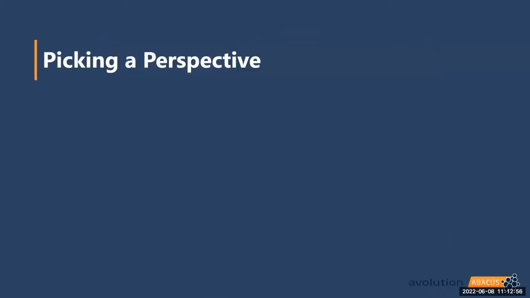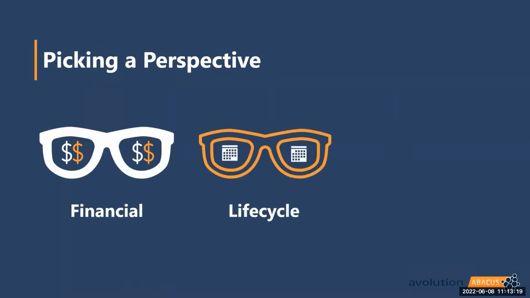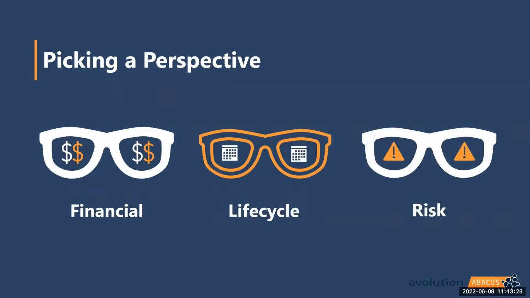So if any of you have been involved in any training that either I deliver or any of the other Avolution consultants, hopefully you'll remember that we don't half bang on about the different perspectives or lenses that you can apply within a single architecture. And that could be a financial perspective, it could be your life cycle perspective, or maybe a particular metric focused perspective.